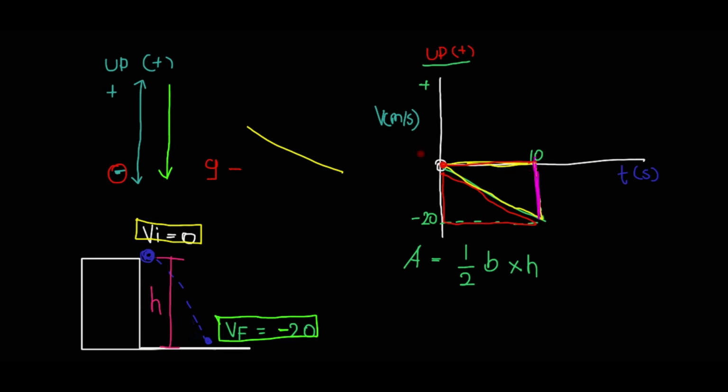From here to here it is 20. So this means you will substitute 10 for base, and then substitute -20 for height because your object is in the negative y direction, so we expect your displacement to be negative based on this direction.